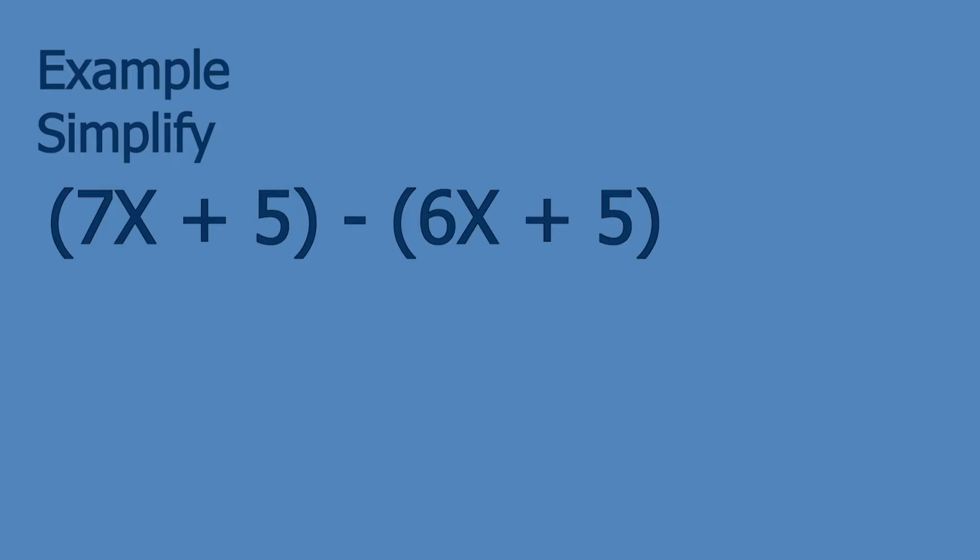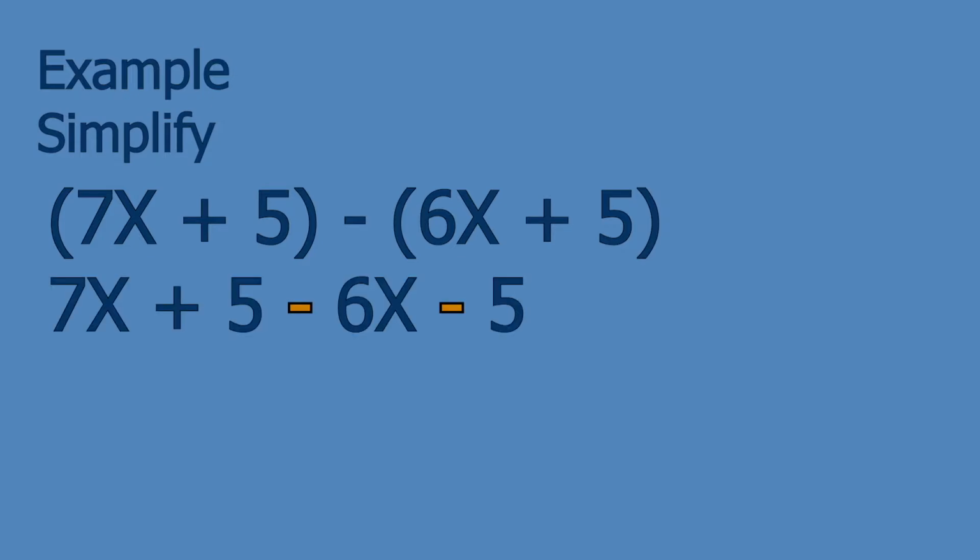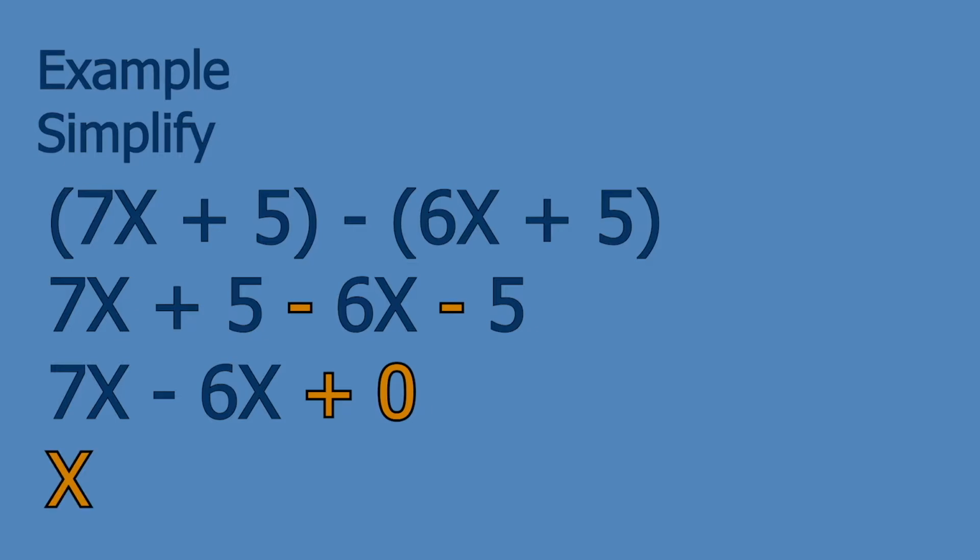You can distribute it. So you have 7x plus 5 minus 6x minus 5. Now we're going to reorganize and combine. We notice that there's a plus 5 and a minus 5, which is negative 5. If we combine those two together, they cancel out, they become 0. Now we have 7x minus 6x. We combine those together, we have x. So this large expression is just simplified to x.